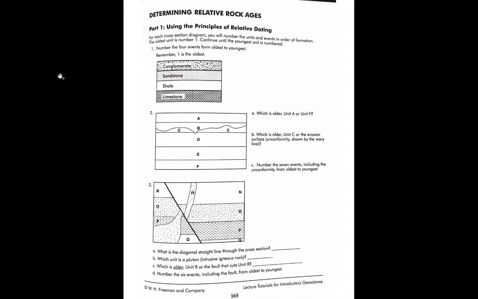So that's an example. I'll point out a few things like this wavy line in here. It's what we call an unconformity. In effect, what it's showing is that through the years, this wavy part was the surface, the Earth's crust, the ground, however you want to think about it.